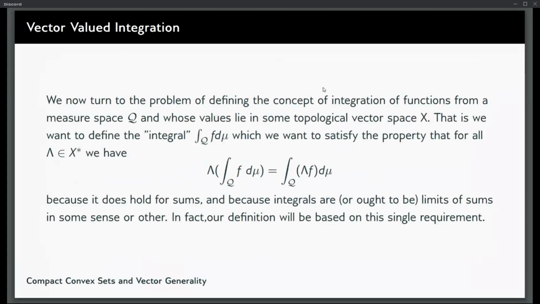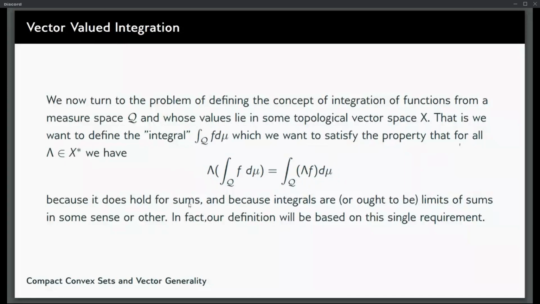So we want to define integration of functions that go from a measure space Q, this is Q by the way, it looks weird in Beamer for some reason, and whose values lie in the topological vector space. That is, we want to define the integral of f d mu, which we want to satisfy that for every lambda in X star, we have lambda of the integral of f equal to the integral of lambda of f.